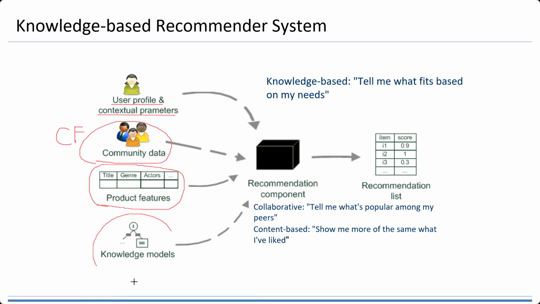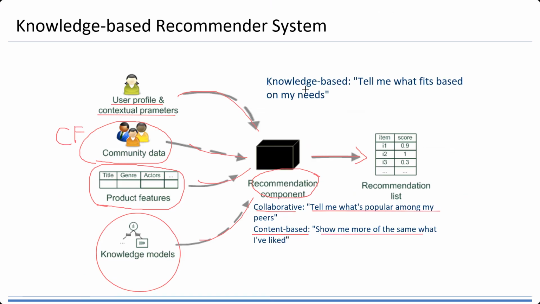Now we will look at the knowledge model. If we combine everything here, then we can have a recommendation component before we produce the recommendation list. In the collaborative, the question will be something like this: tell me what's popular among my peers. In the content base, the question will be: show me more of the same of what I've liked.